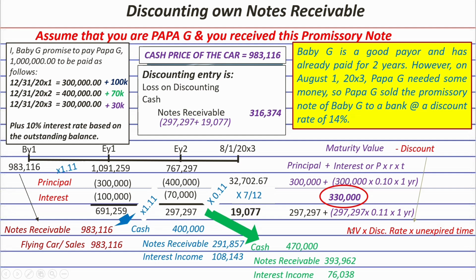So again, the maturity value is 330,000, right? Times the discount rate, which is given at 14% based on this illustrative problem. And times unexpired time. So this unexpired time is just the number of months from the date of sale, which is August 1, 20x3 to December 31, 20x3, which is the maturity date. It's just like that.